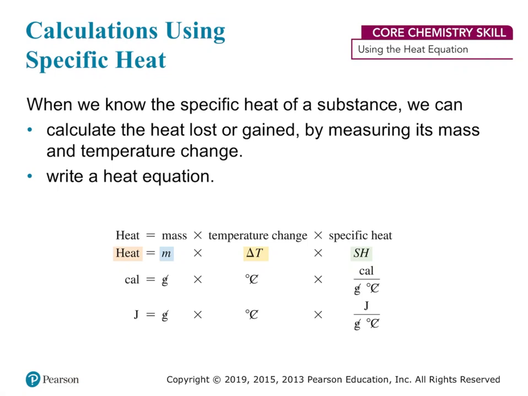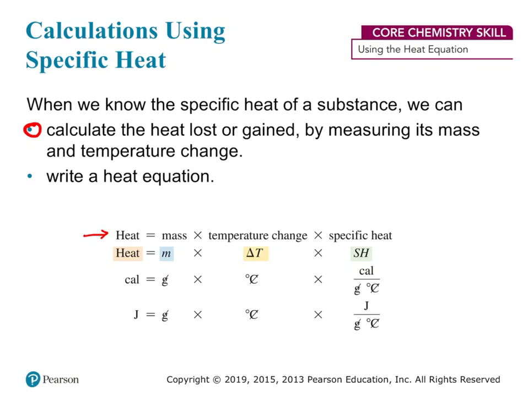All right, so now let's talk about calculations using specific heat. When we know the specific heat of a substance, we can calculate the heat lost or gained by measuring its mass and temperature change. So let's look at our equation for heat below.